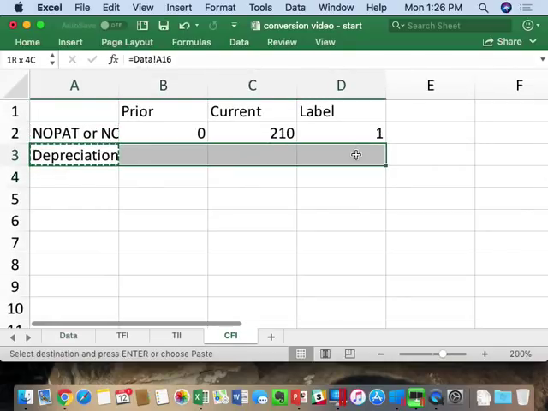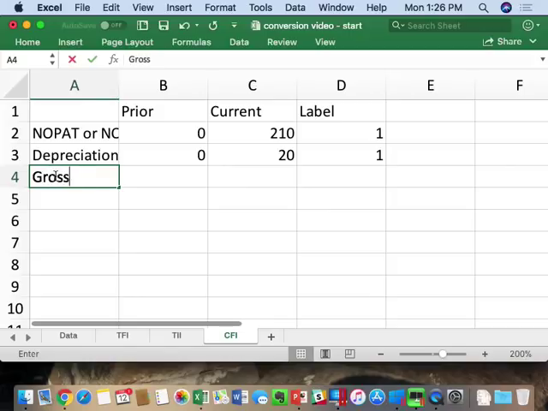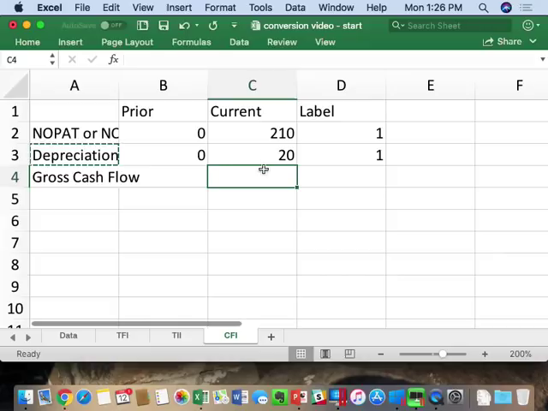NOPLAT plus depreciation equals gross cash flow. That's the gross cash flow from the income statement.